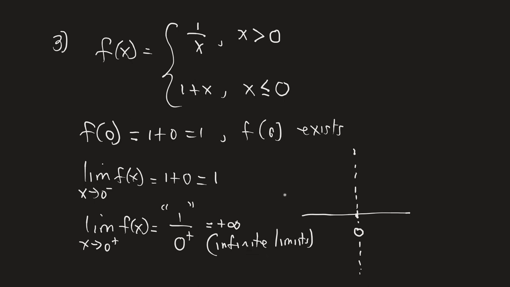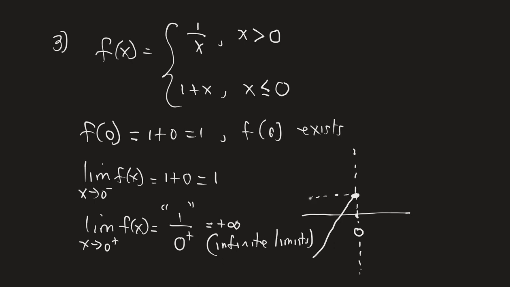So it's just a matter of getting the sketch. If we graph this bottom piece first, the linear piece, remember it approaches a value of 1, so it's going to go up like this. It has positive slope, and because of where the equal sign is, it's actually shaded in there because we know f of 0 is 1.